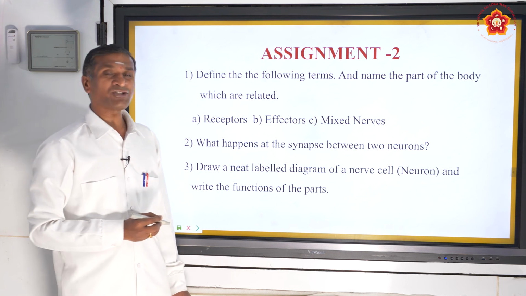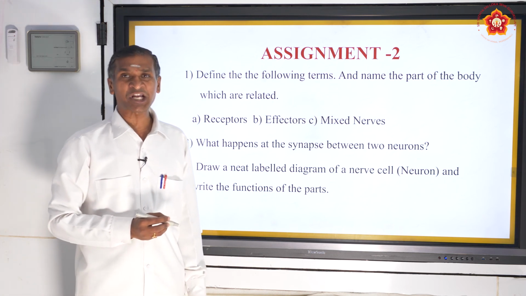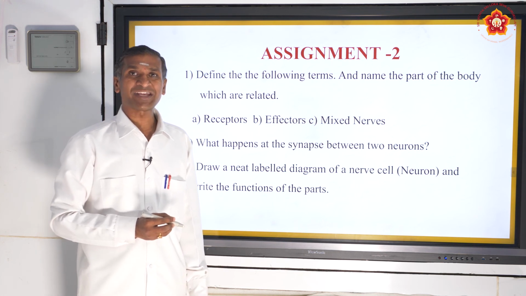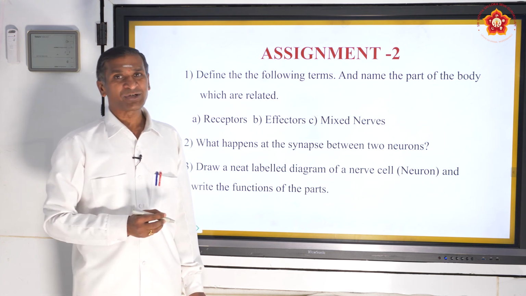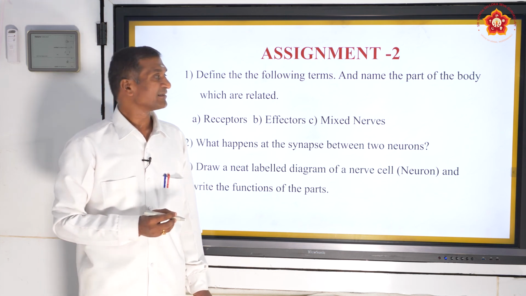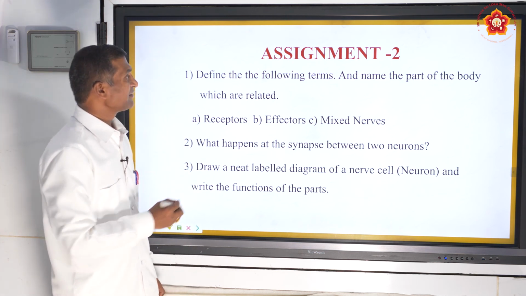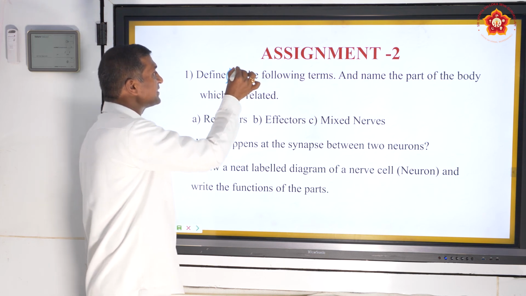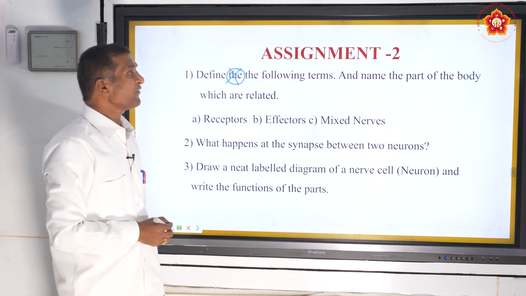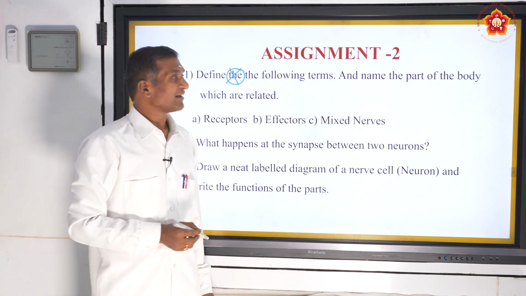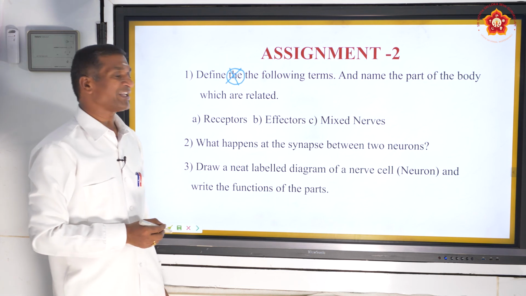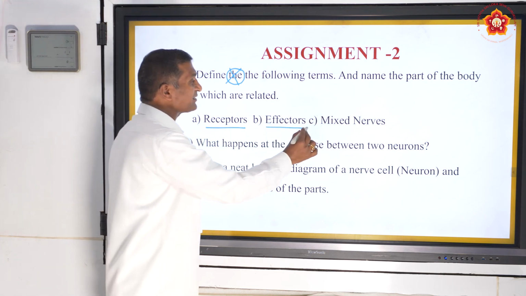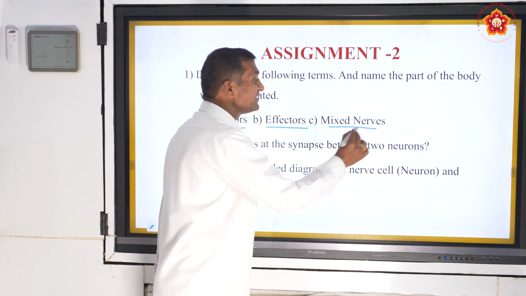The assignment 2 is for us to have a continuity of this part so that we can be connected to the next coming classes. Define the following terms and name the part of the body which are related: receptors, effectors and mixed nerves.